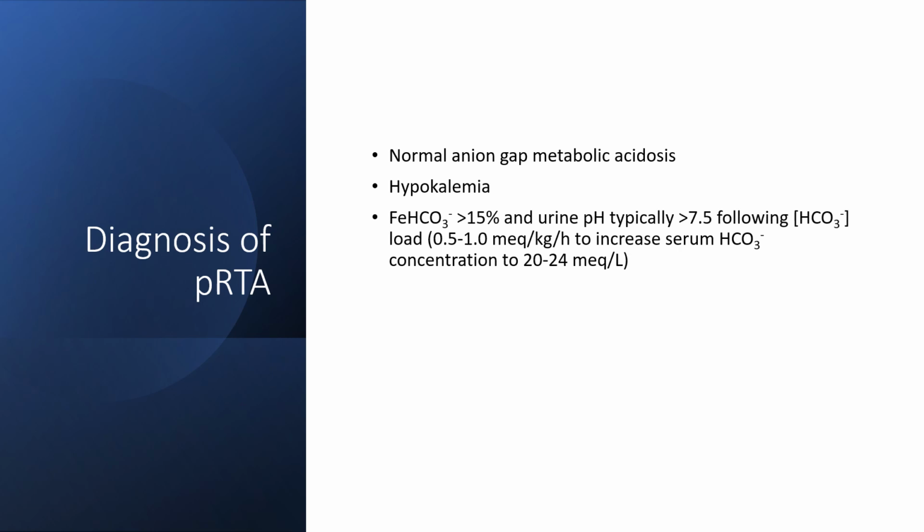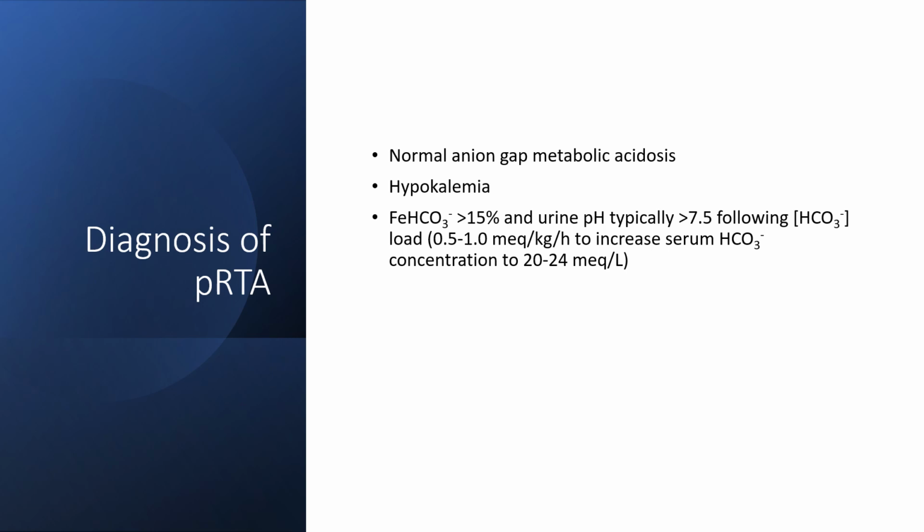To diagnose proximal RTA, we need the following criteria: presence of a normal serum anion gap metabolic acidosis, presence of hypokalemia, because all patients with proximal RTA have low potassium level. The diagnosis may be confirmed by measuring the fractional excretion of bicarbonate after bicarbonate loading to achieve serum bicarbonate level of 20 to 24 milliequivalents per liter.